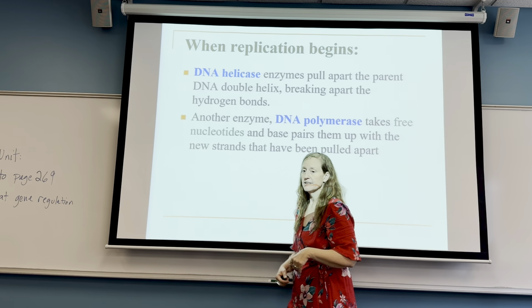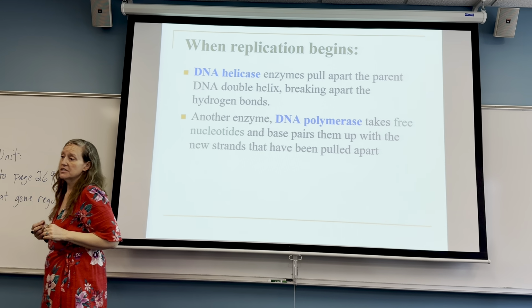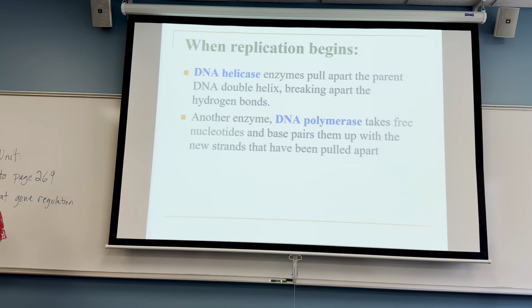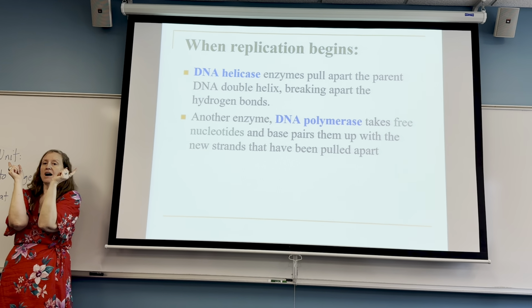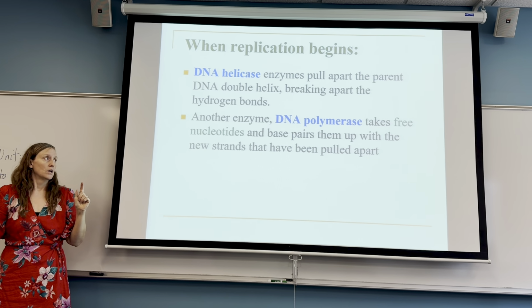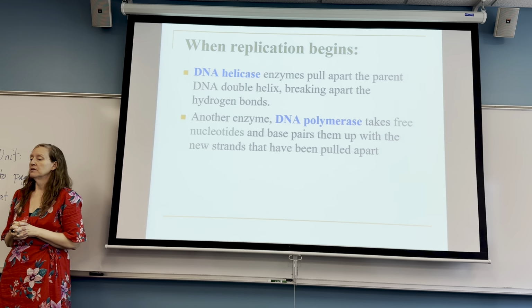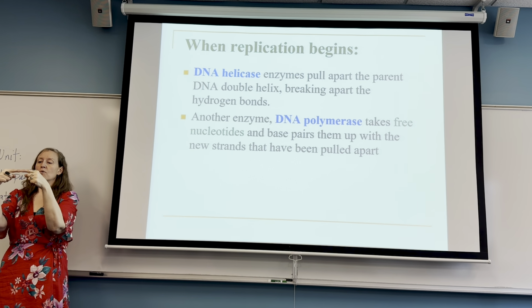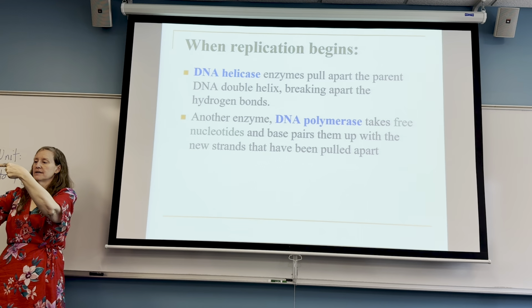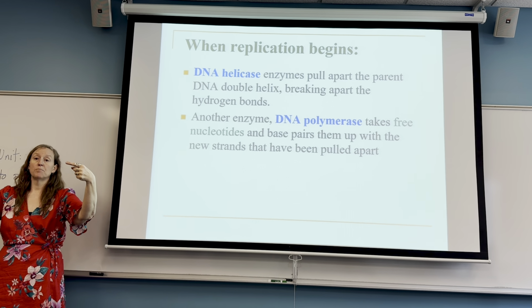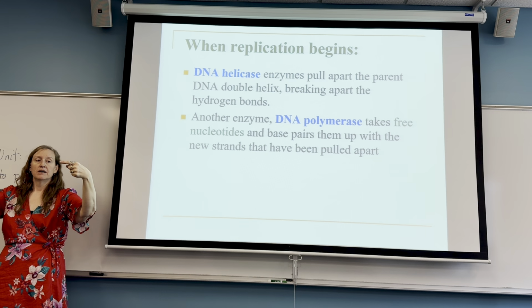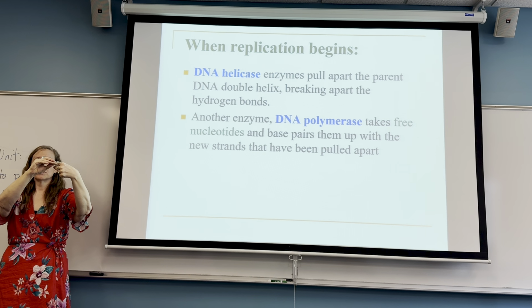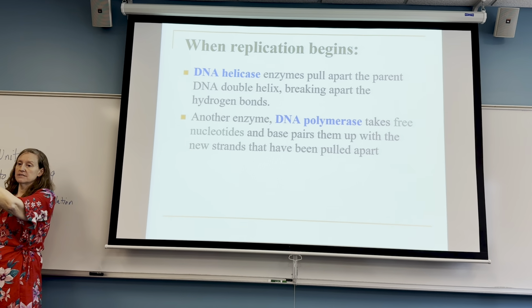Following DNA helicase chopping apart the double strands into single strands, on each of the strands that's opening up, you have an enzyme called DNA polymerase. So the nucleotides are like this, and then DNA helicase pulls them apart at their hydrogen bonds, it breaks that hydrogen bond. A DNA polymerase goes onto this side of the strand, and a DNA polymerase goes onto that side of the strand.